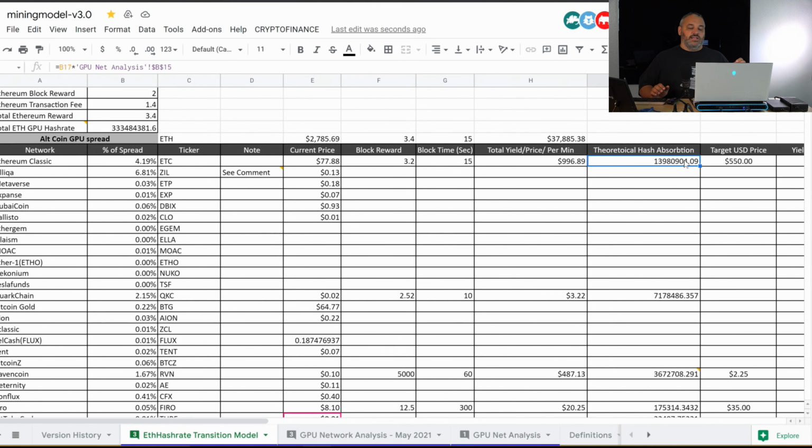If you take 139 terahash and put that in a calculator at a $77 price point, you're still barely break even. You're making about 4 cents a day on a GPU. I actually did it on a rig, a 210 megahash rig at 850 watts of power usage at 12 cents per kilowatt, and you are at break even.